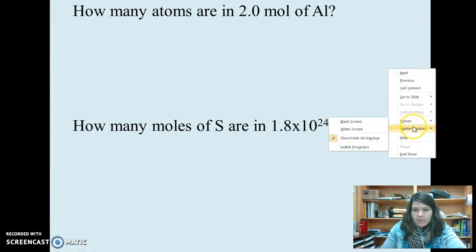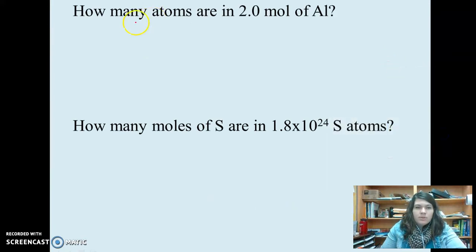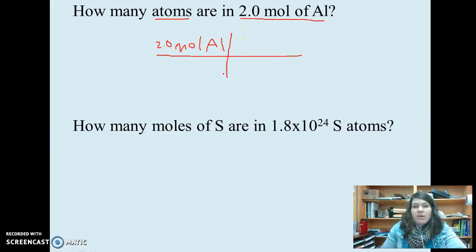I think I got to get my pointer out for this. How many atoms are in 2 moles of aluminum? Okay, so I'm starting with 2.0 moles of aluminum. Now I know my conversion: 1 mole of anything is equal to 6.02 times 10 to the 23rd.